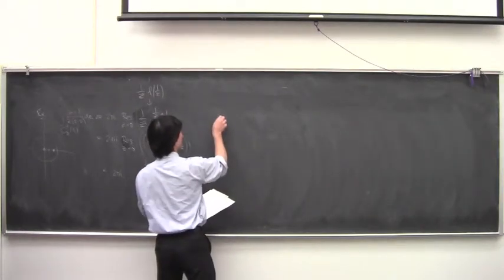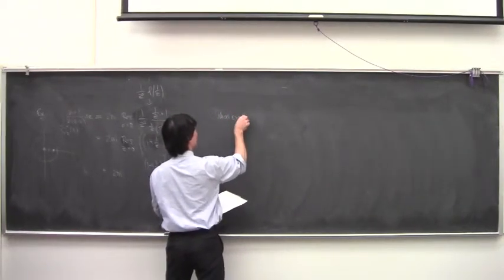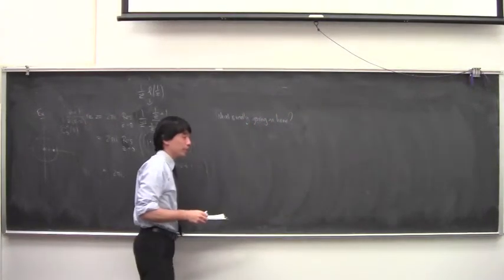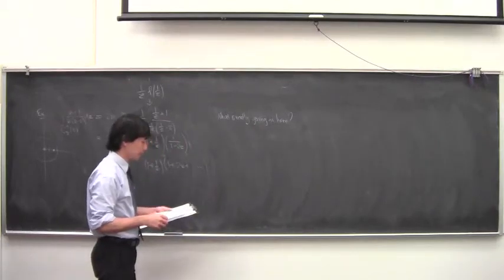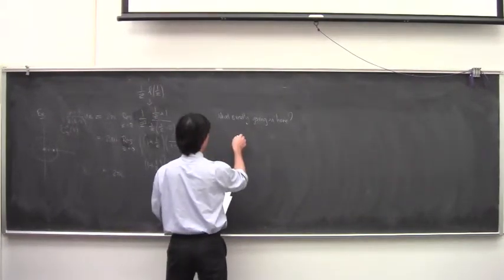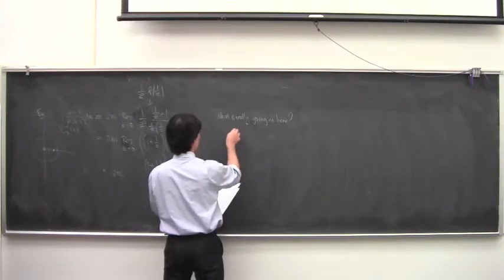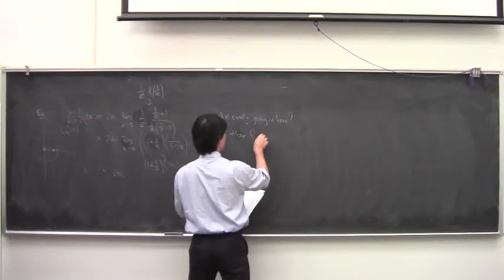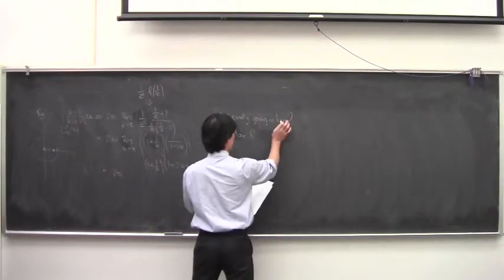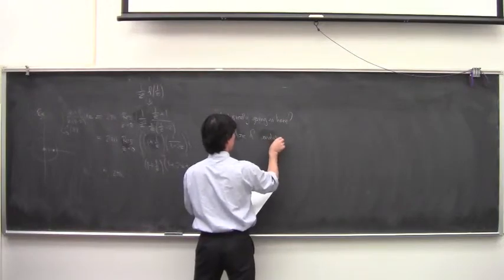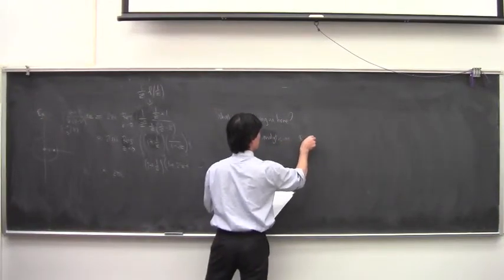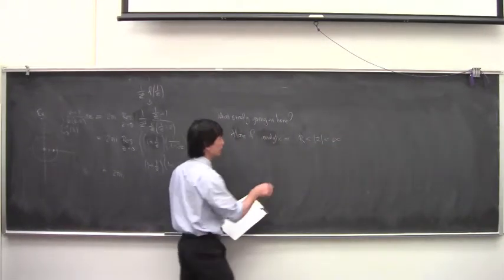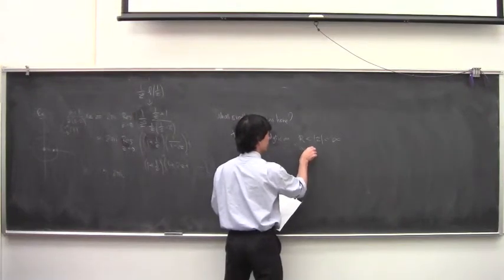But see what is really going on here? Think like this. You have f that is analytic outside some disk. This is basically what you think of as a neighborhood of infinity.